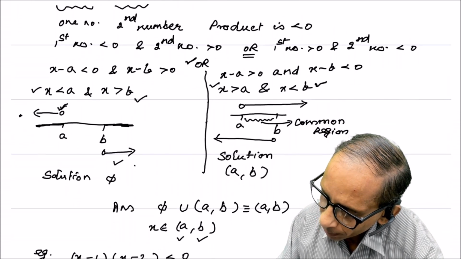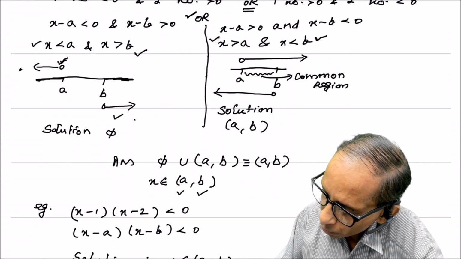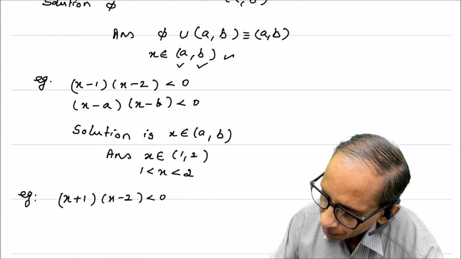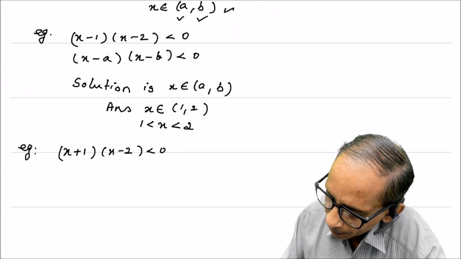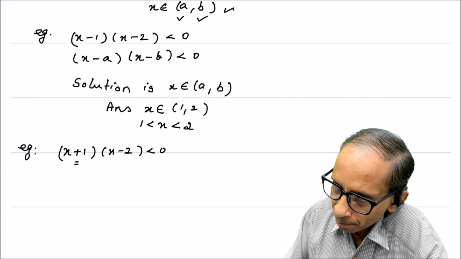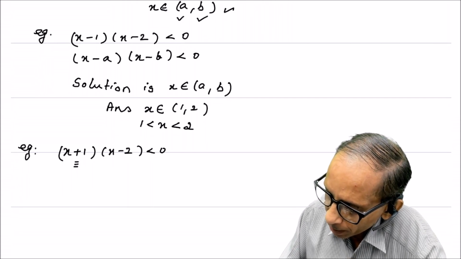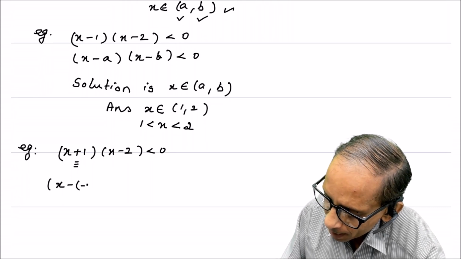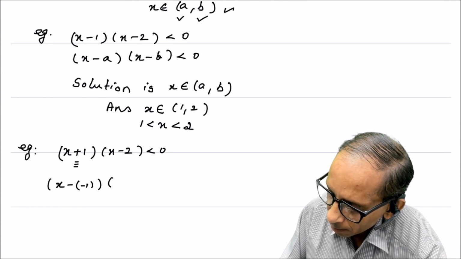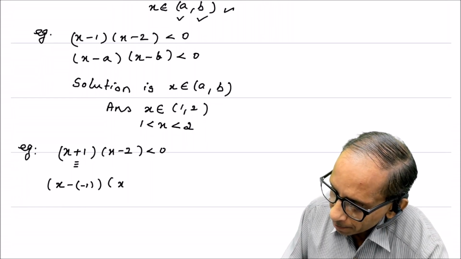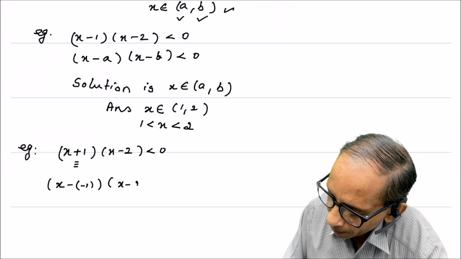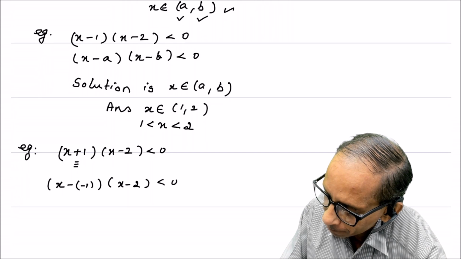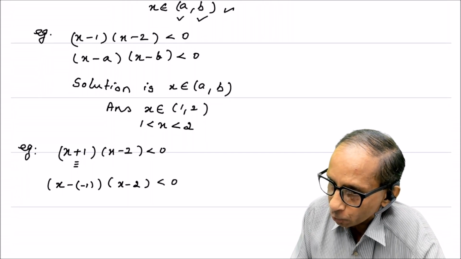Then the conclusion came out that the solution was this. So when we have this particular example, the connecting sign here is not minus, it is actually plus. So we have to write it as x minus minus 1 so that the connecting sign becomes minus. For the second bracket, it is x minus, the standard format is already there. So we write it in this particular way.